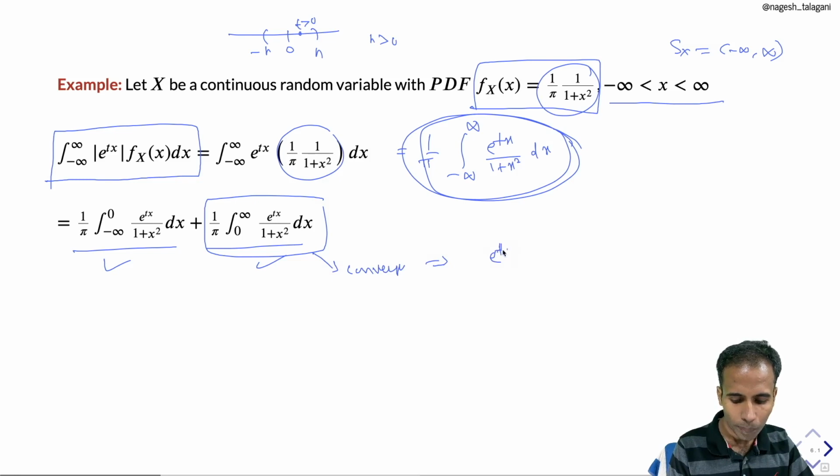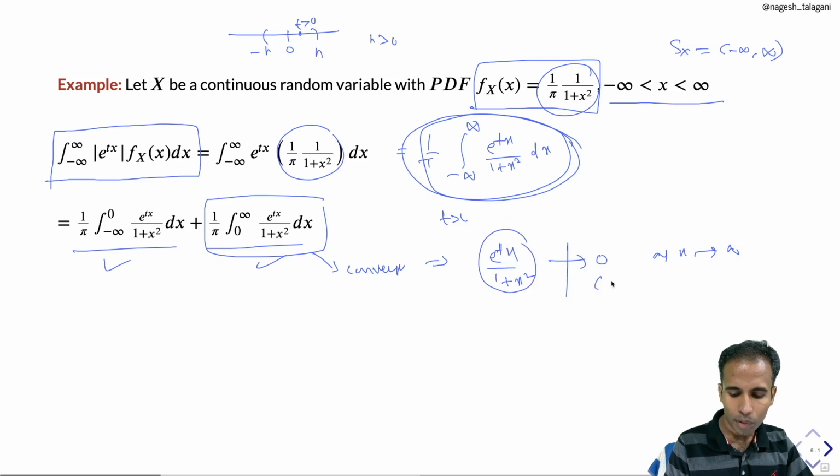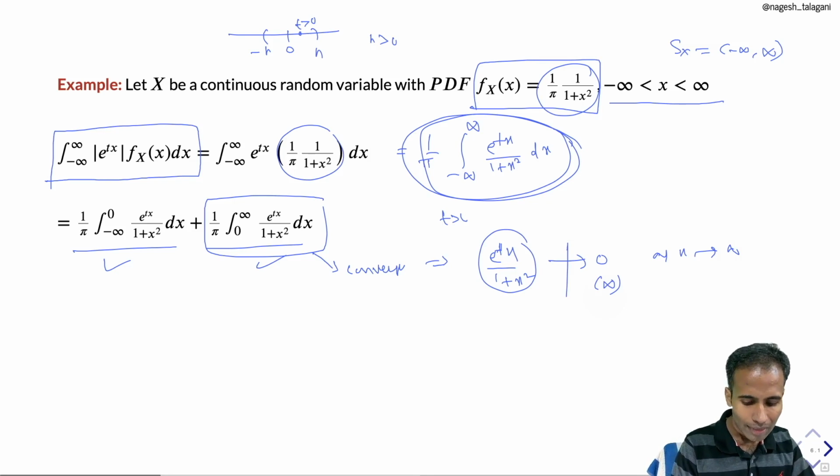Here e power tx by 1 plus x square for t positive must approach 0 as x approaches infinity. This is the integrand test, but that is not the case. In fact, this integrand approaches infinity. You can verify that using L'Hopital rule. This integrand is not approaching 0 as x approaches infinity, so this improper integral cannot converge.